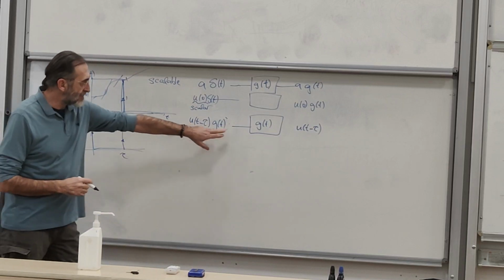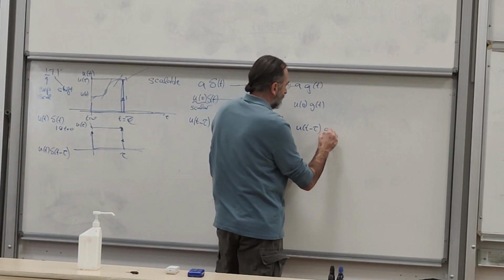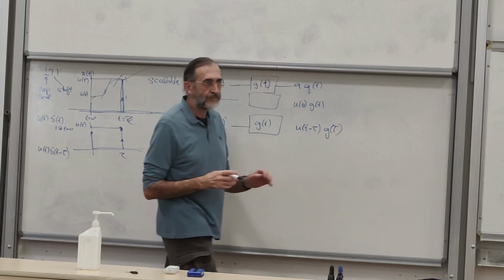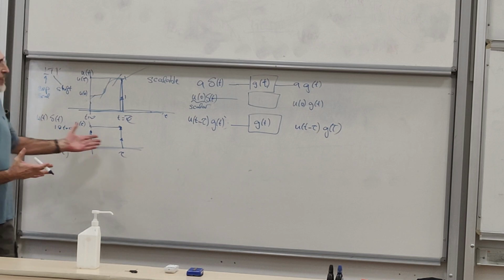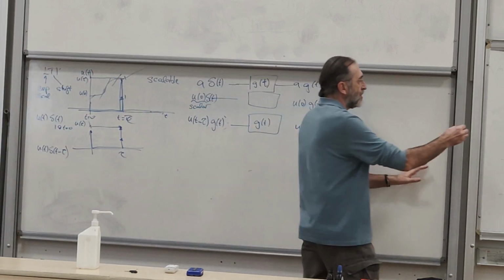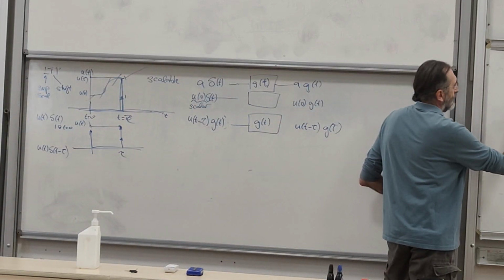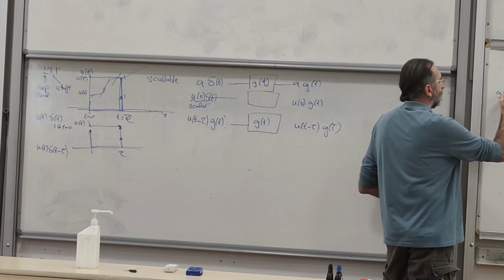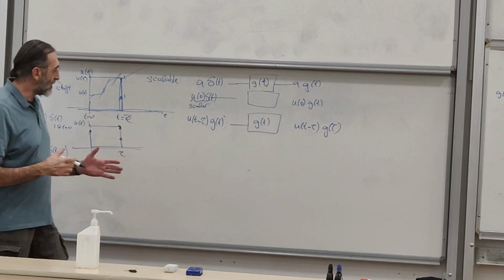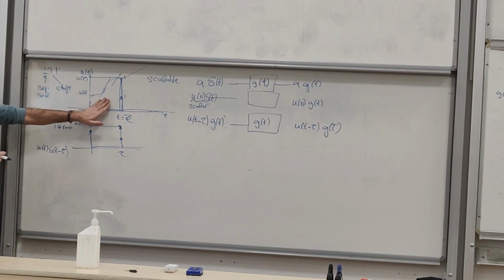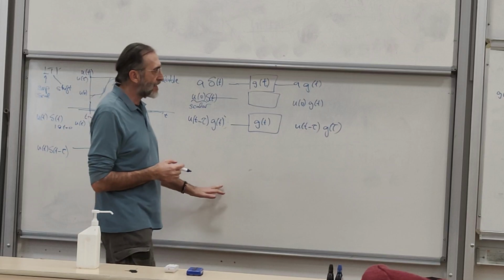So that is going to stay, and the system is going to be G of tau, because that's the only point tau that I'm looking at the system. Everything else has collapsed because I multiplied it with the delta.